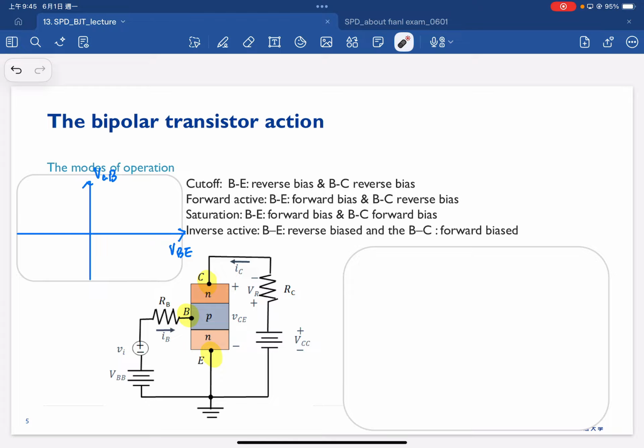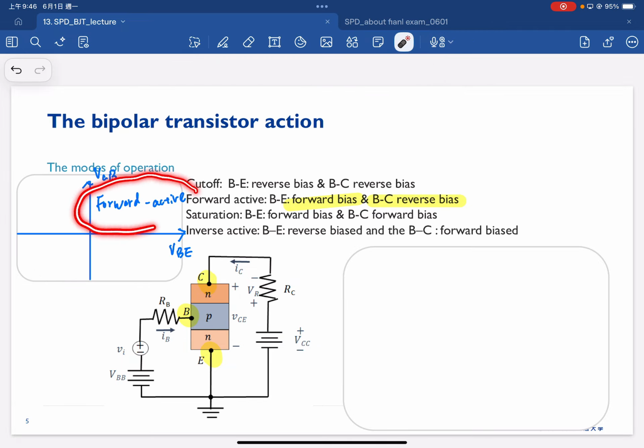The first one is if we consider the operation in the first quadrant here, where VCB is positive and VBE is positive. In this consideration we call it forward active, where we forward bias between the base and emitter, but reverse bias between the base and collector.